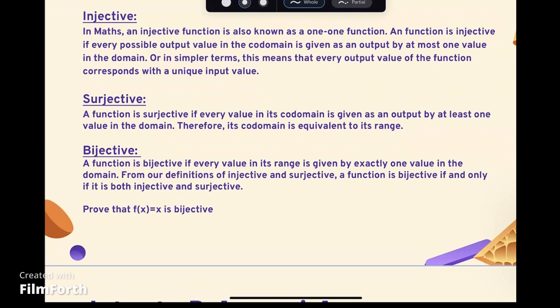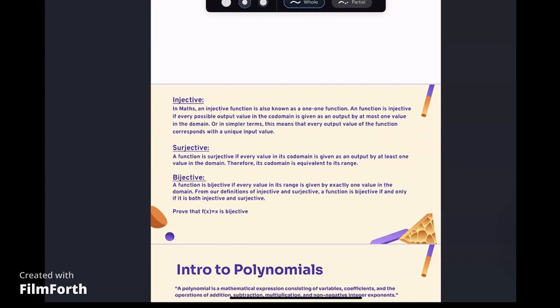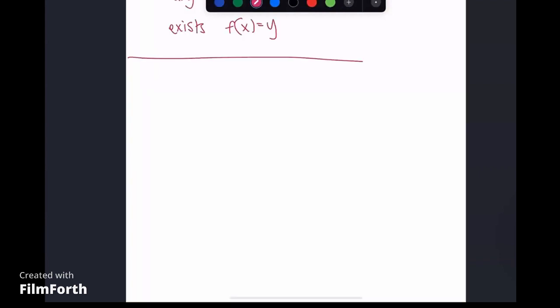This might be a little bit confusing if you don't put it in context, so we can think about the function f(x) equals x. Okay, let's think about that. f(x) equals x.